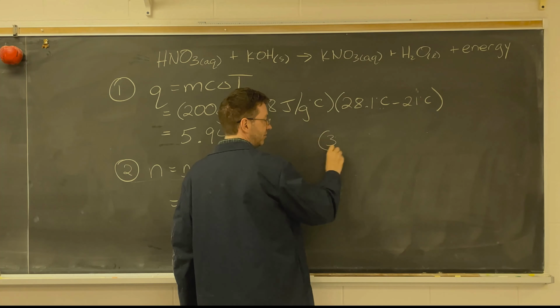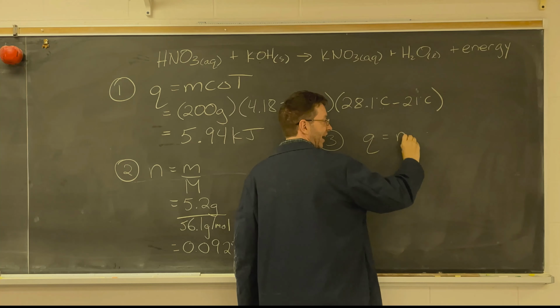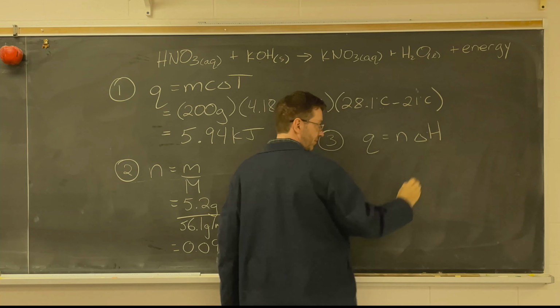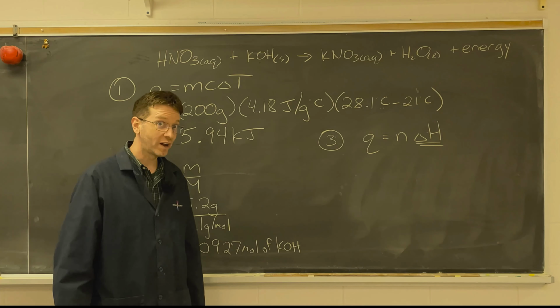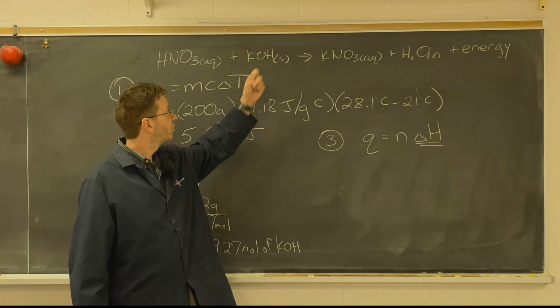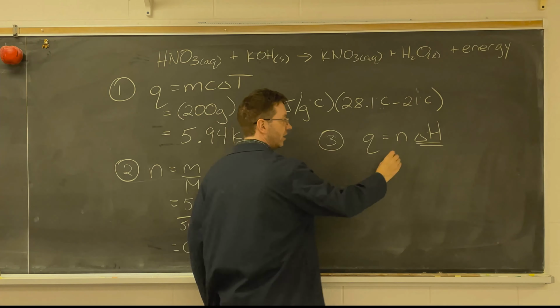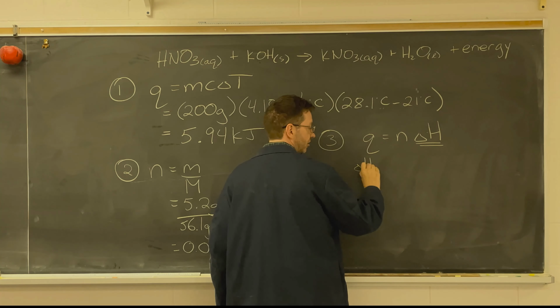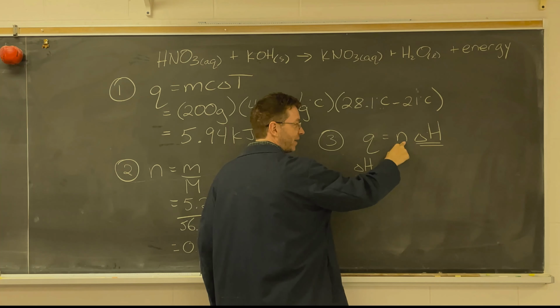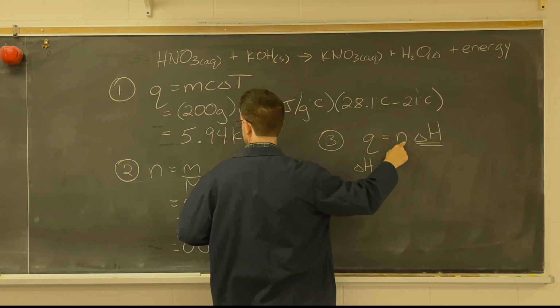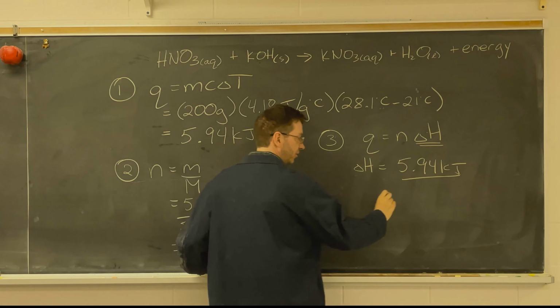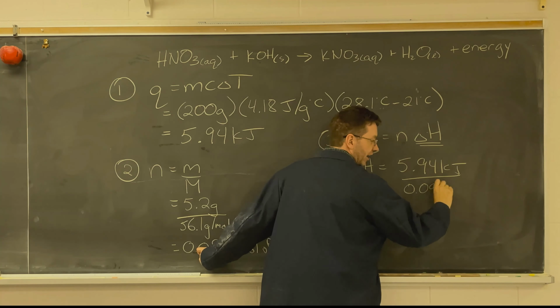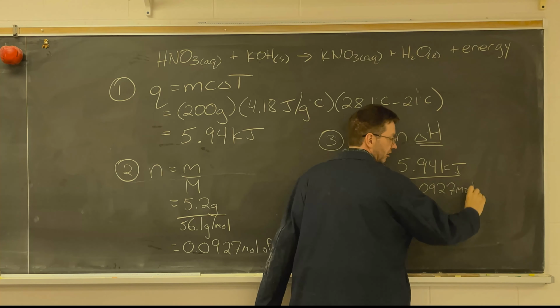Let's go to our equation. Q equals n delta H. So this is what we want, the enthalpy change for 1 mole of, we'll use potassium hydroxide. So if we solve for that, it is Q divided by n. So 5.94 kilojoules divided by the number of moles, 0.0927 moles.